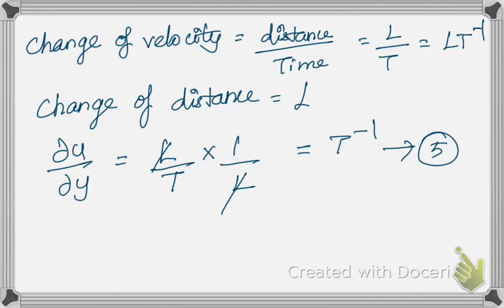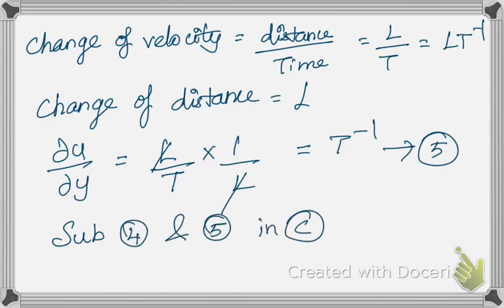So now we are going to use all these things and get the value for our dynamic viscosity. That is, I am going to substitute 4 and 5 in the C equation. Okay, what is my fourth equation?